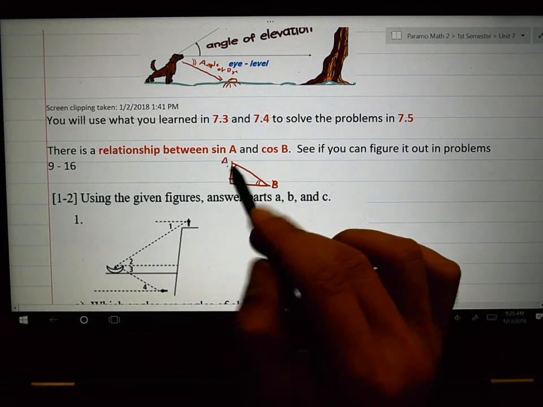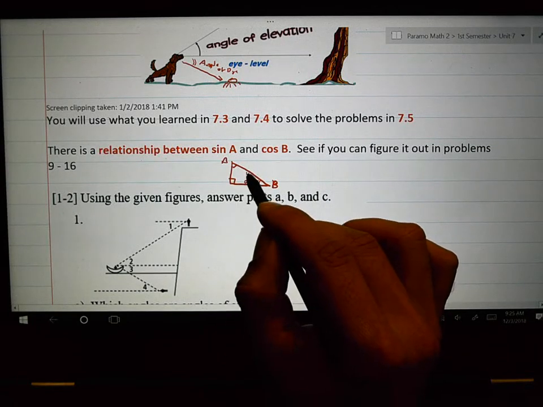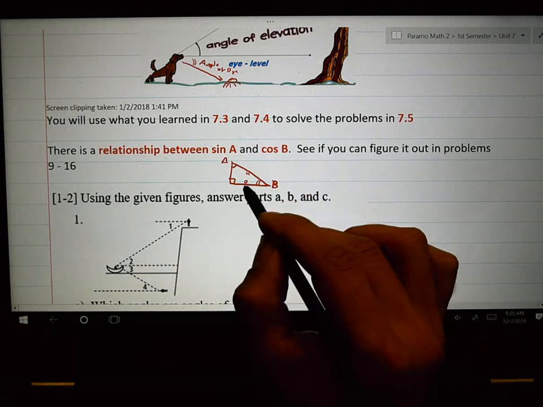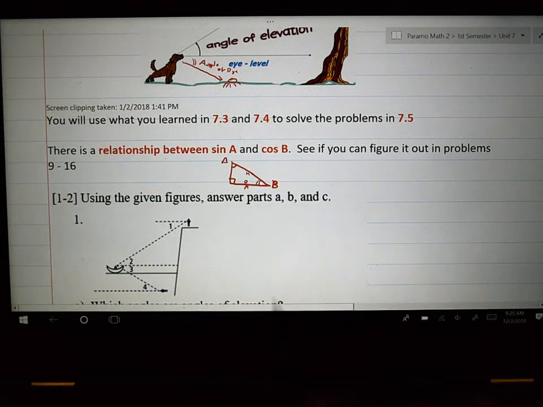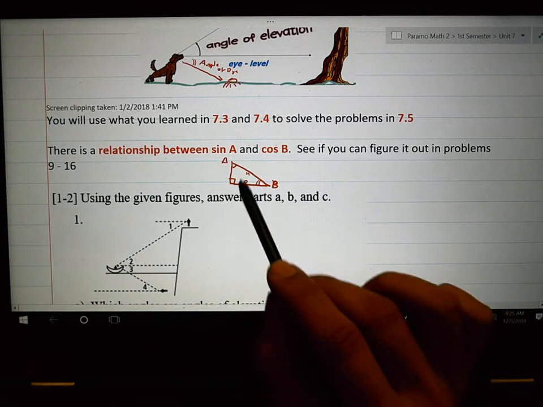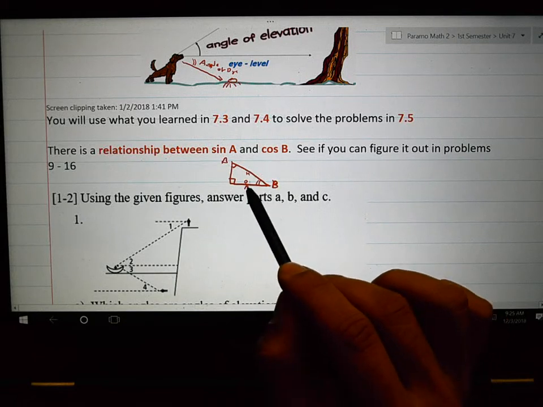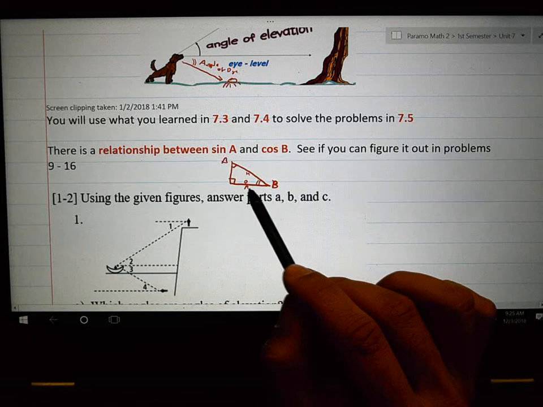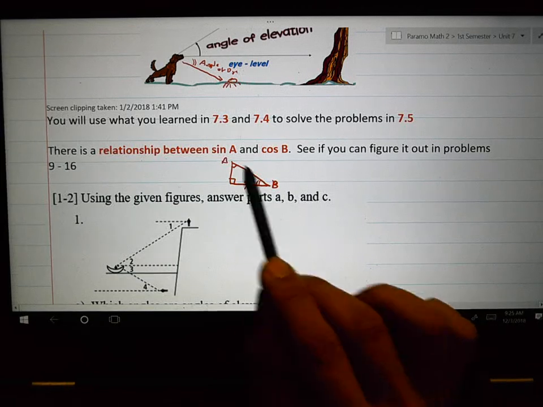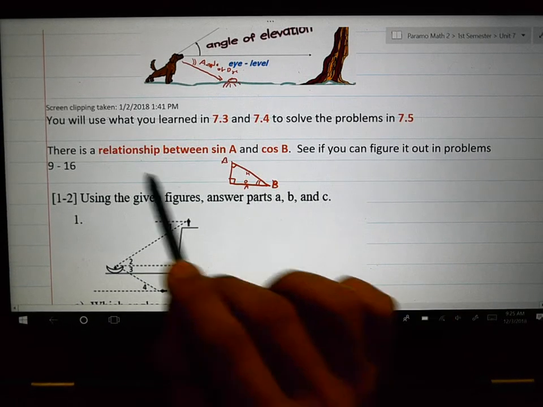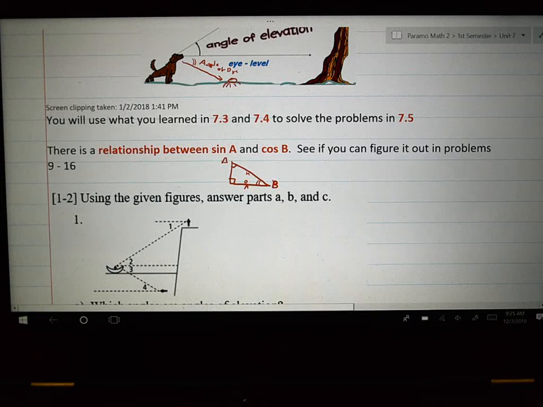If I'm thinking about the sine of A, the O and the H, and the cosine of B, the A and the H, there's a relationship between those things. The O over H and the A over H, except the O and the A are in the exact same spot as each other. That should give you a hint as to what that relationship is.